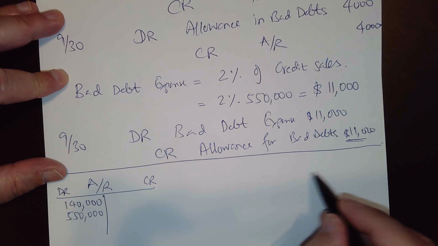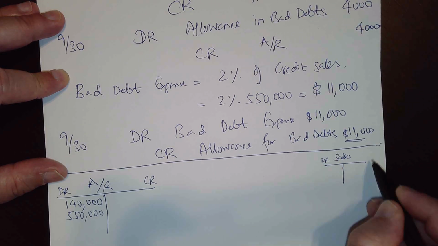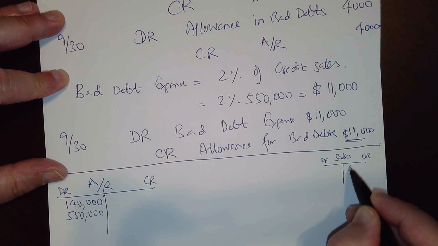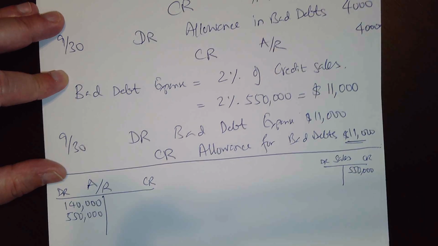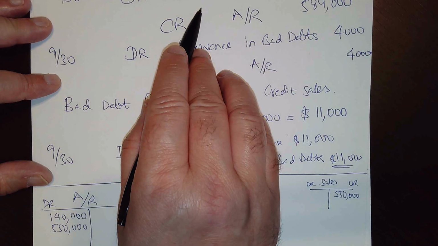So basically we have an account for sales, debit and credit, and we have $550,000.